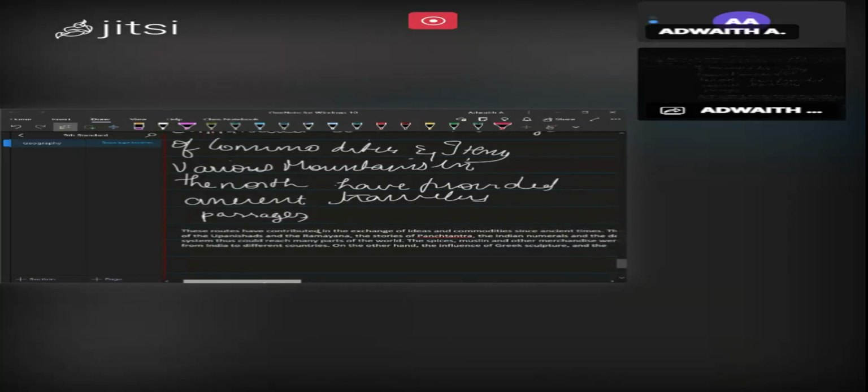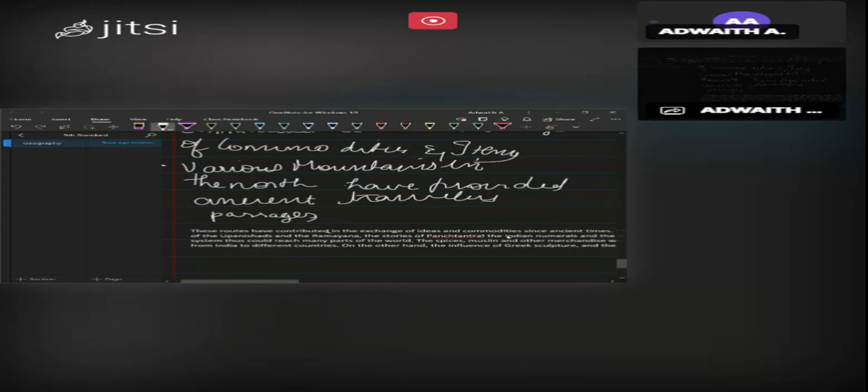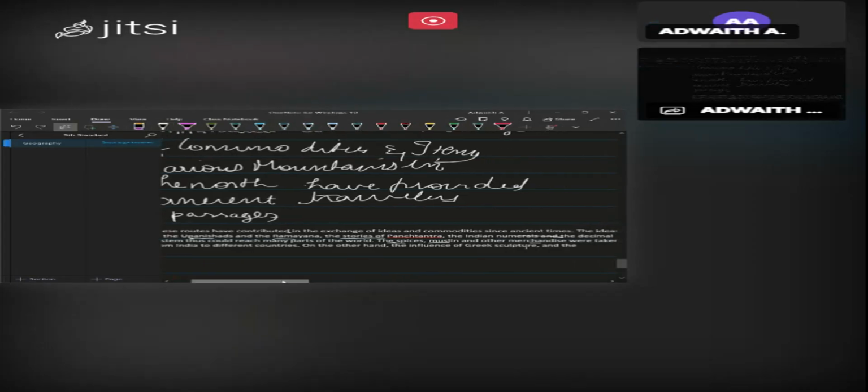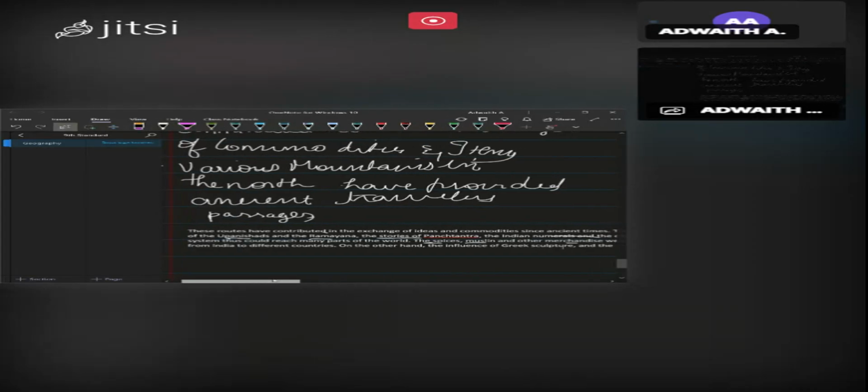The routes have contributed to the exchange of ideas and commodities since ancient times. The Upanishads and Ramayana, the stories of Pancharatna, Indian numerals, and the decimal system thus could reach many parts of the world. Spices, muslin and merchandise were taken from India to other countries.